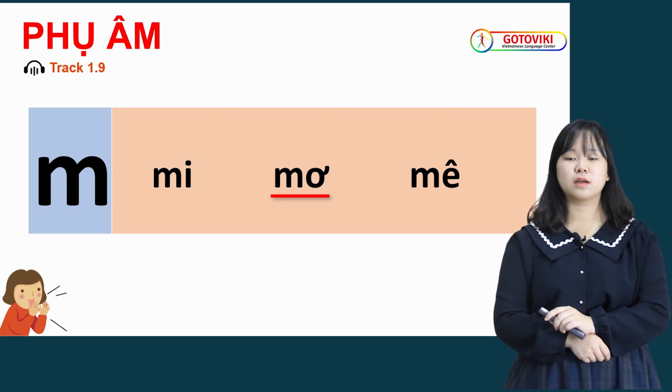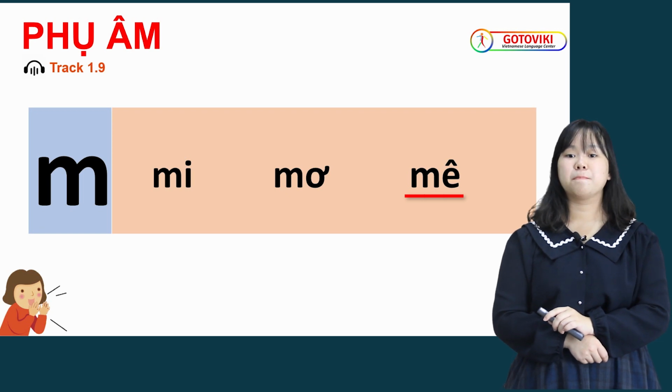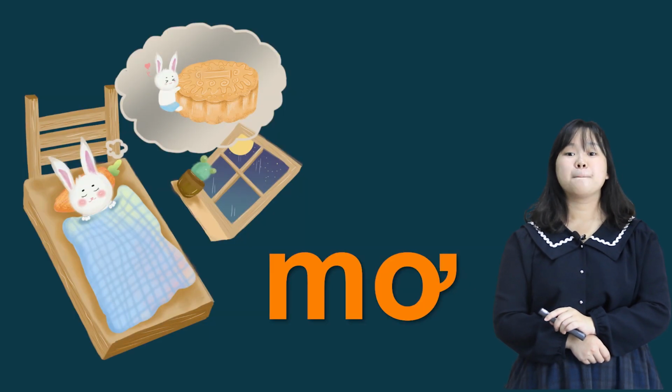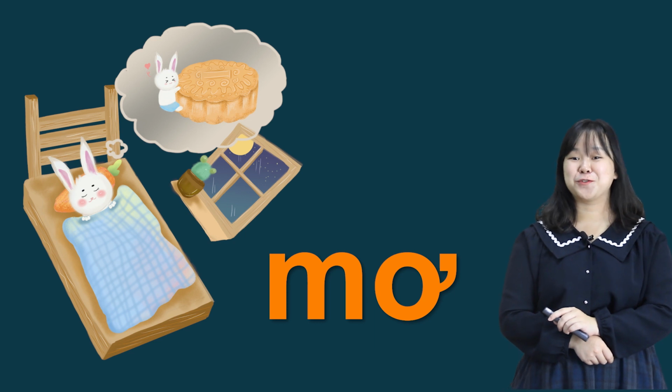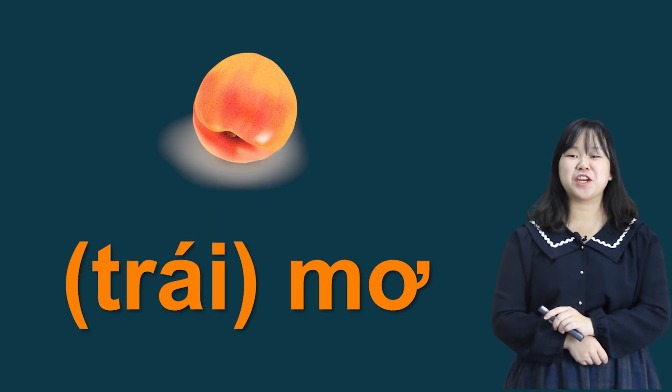Mơ, mơ, mơ. Mê, mê, mê. Mơ in English is to dream, and this is also the name of a fruit, which is apricot.